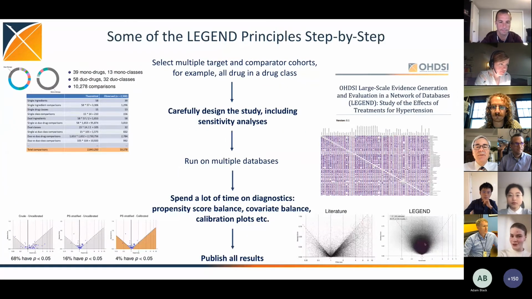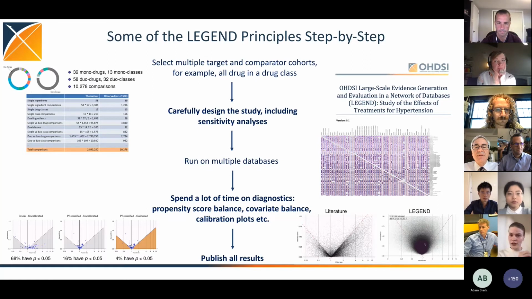That already sounds good enough, but what you can see here is the way you can apply those principles in your own research. When you start with the research question, instead of looking at one pair at a time, you can look at a drug class and examine multiple treatments and compare them.